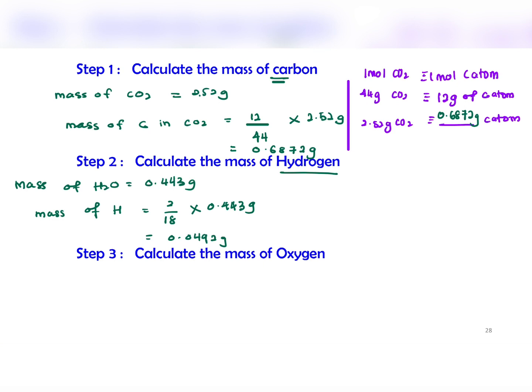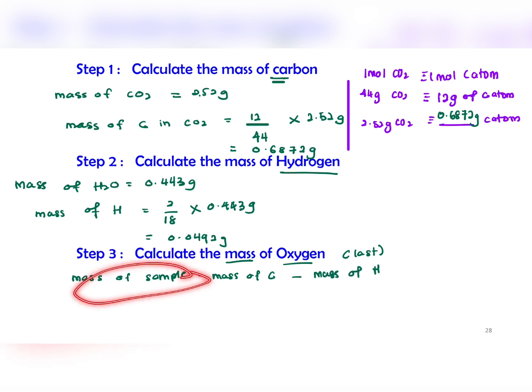Okay, so untuk mass of oxygen, kita kira yang paling last, paling akhir. Okay, so kita akan tolak mass of sample. So mass of sample yang kita ada tolak mass of carbon dekat sini and tolak mass of hydrogen.